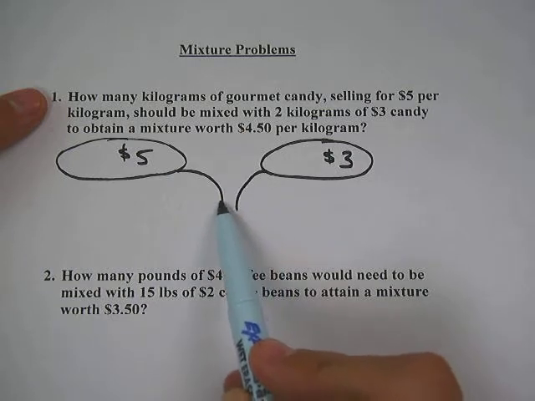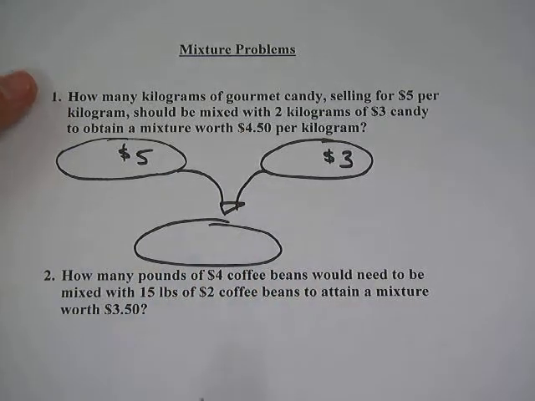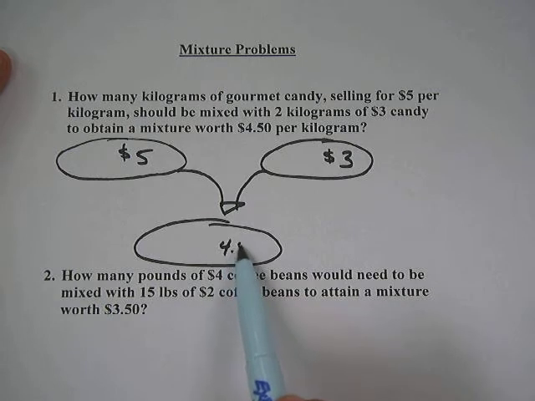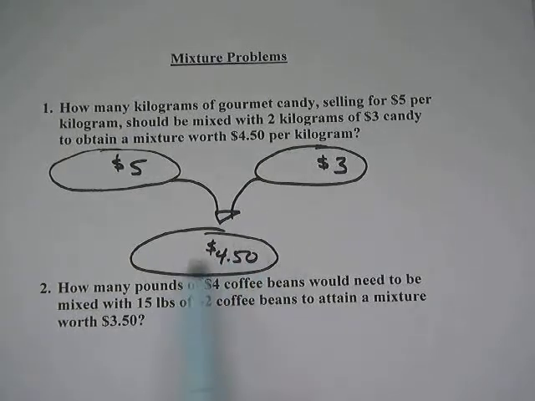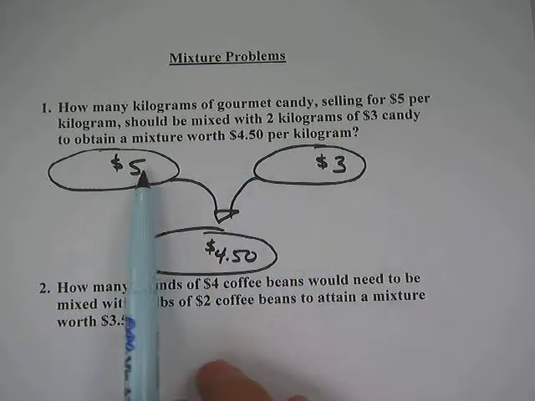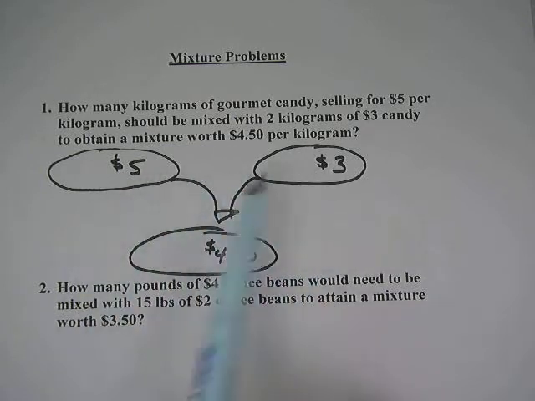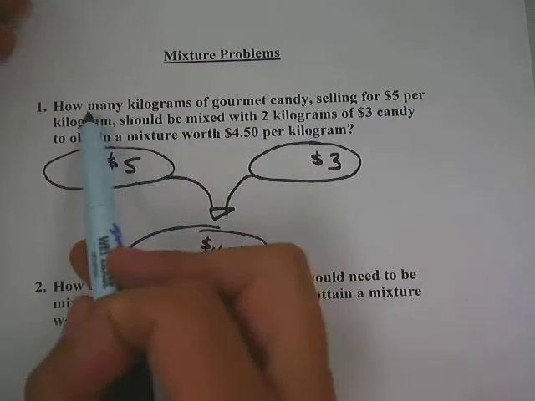And we're going to pour it into a final solution, and this is going to end up being $4.50. Hopefully this makes sense. The value of this final mixture should be somewhere in between these two up here.